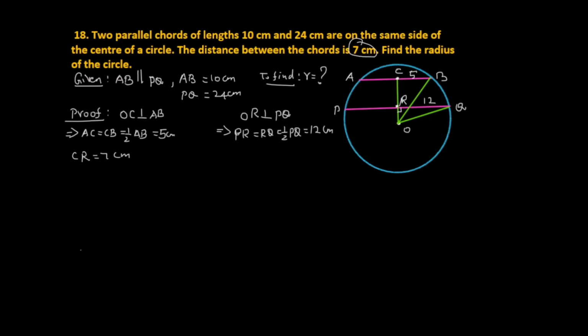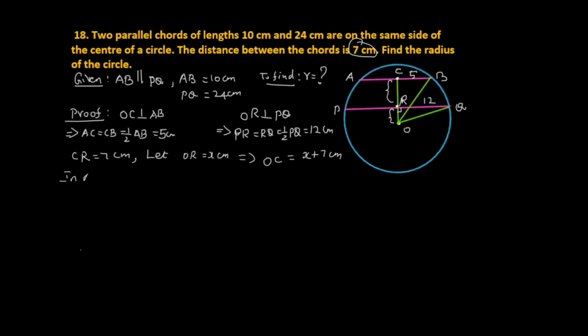And from O to R, we don't know the distance. So we will take, let OR is equal to X centimeter. So what is OC? OC is equal to X plus 7 centimeter.